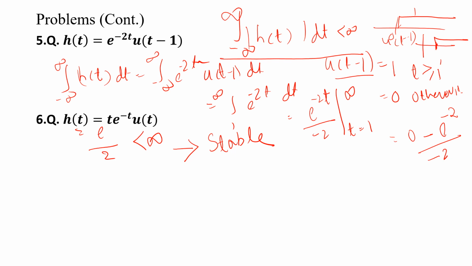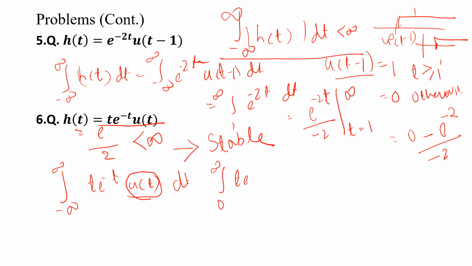First, h of t is t e to the minus t u of t. Now we have to do integration. So integration from minus infinity to infinity of t e to the minus t u of t dt. u of t means it exists for more than 0, so integration from 0 to infinity of t e to the minus t dt.